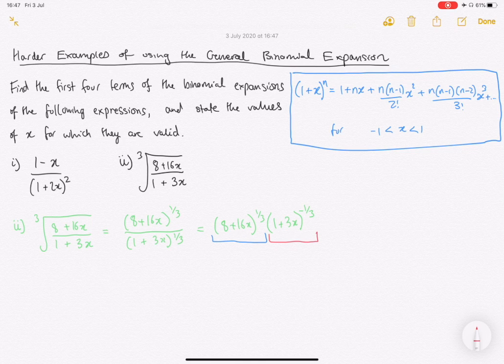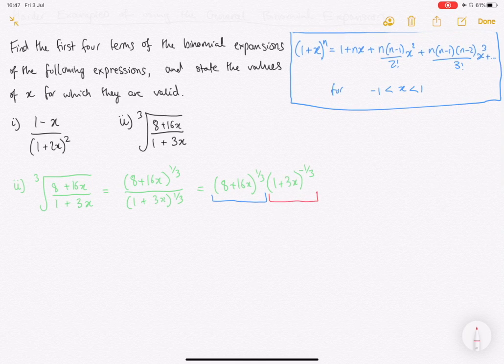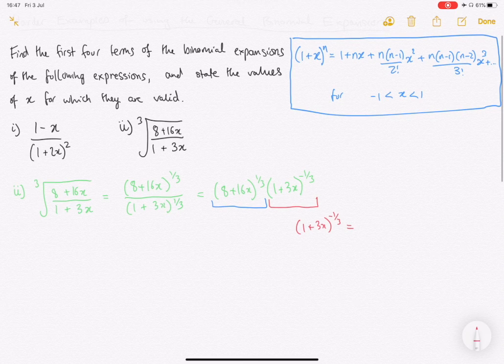I'm going to do that in red as a little aside, because I think it's possibly slightly easier to deal with. So 1 plus 3x to a minus a third. Well, using our general binomial expansion in this blue box here, we have 1 plus n lots of x.